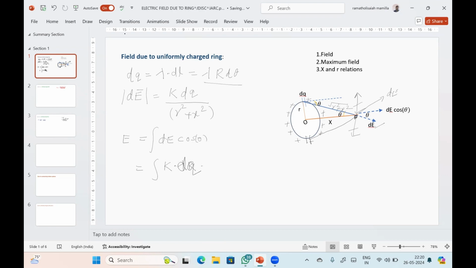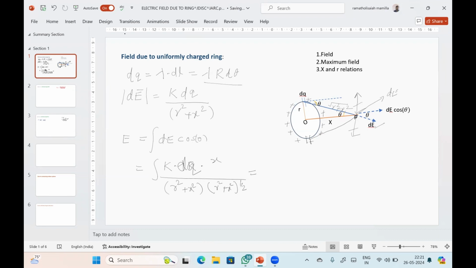So dq into cos theta, with the value from the triangle, adjacent side by hypotenuse, equals x by root over r square plus x square, that is, r square plus x square whole power 1 by 2.